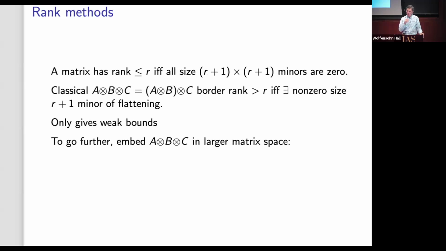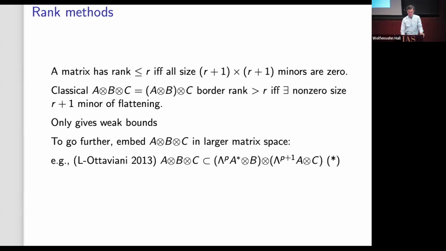And so what we try to do is imitate this idea of the rank method by taking our tensor space and embedding it into a matrix space, and then take minors. So with Ottaviani, we found an interesting one. I'll explain that interesting one in a minute, but just to give you a very explicit realization.